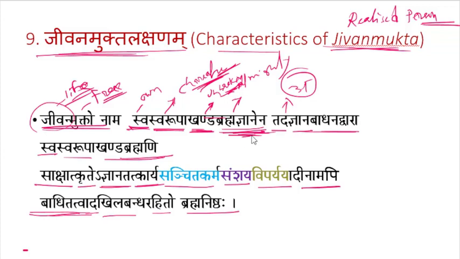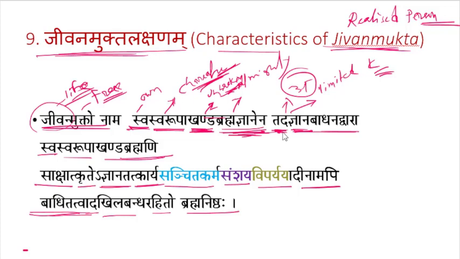What will happen? Tad Jnanam. Tad Jnana means your limited knowledge. The word Tad stands for the broken or limited knowledge. Here Akhanda, there Khanda or Tad. Akhanda means unbroken, huge. Tad means that knowledge.